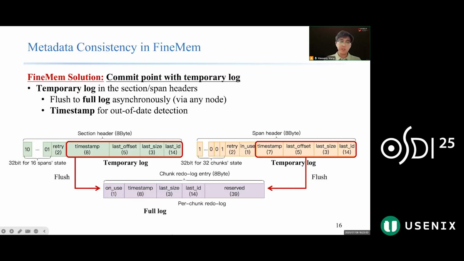This flush is forced before the next allocation so that each temporary log is finally flushed into a redo log. FineMem also includes a compact timestamp in the temporary log and the redo log to prevent consistency issues due to outdated entries, so we can use the timestamp for out-of-date detection.